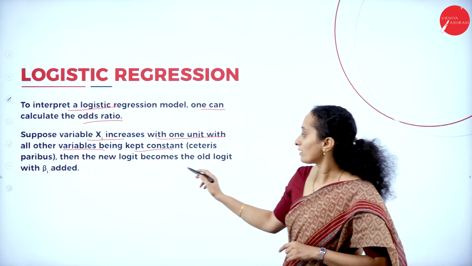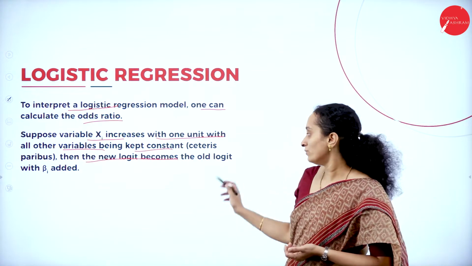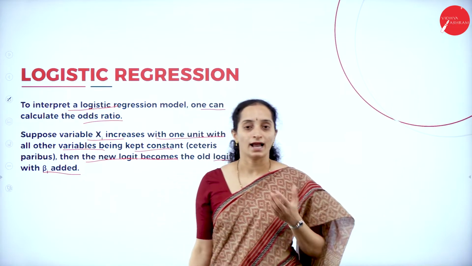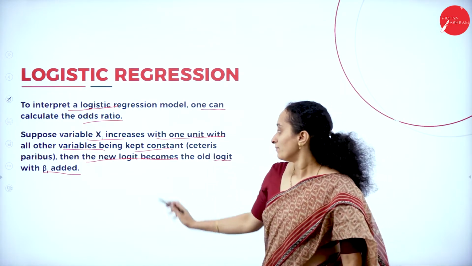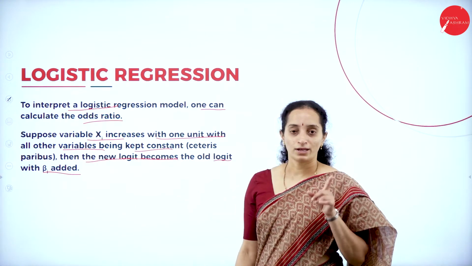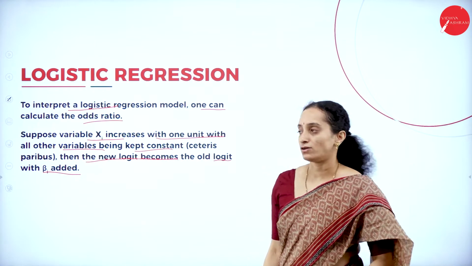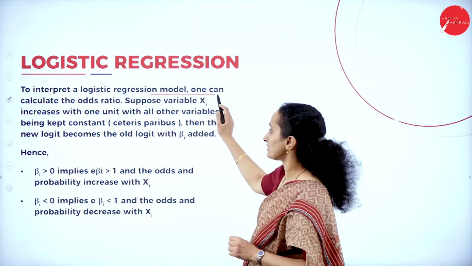Then the new logit value becomes the old logit value with bi added. You are adding one more value, keeping only one variable changing and the others constant.